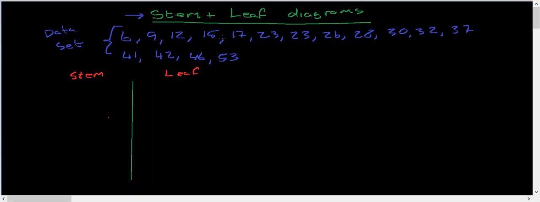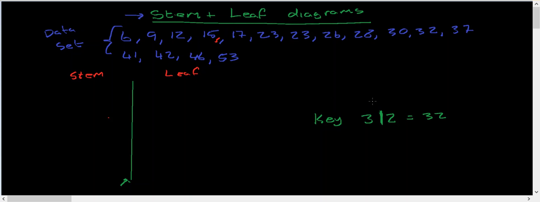Now normally what you do as well is you can make a key, and you can write it something like this. You could say 3/2 is equal to 32. So what that means is that this green line here represents the line that we've drawn here.